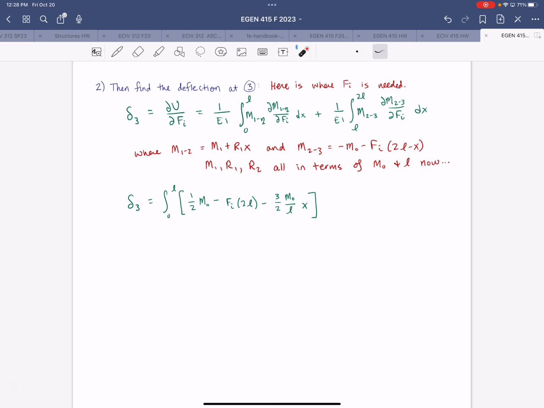All right, so we've got our M12. Now we need the partial derivative of that with respect to Fi. So that's going to be, let's see, I missed something. Oh, I did forget one term. All right, so in this bracket, we also have plus Fi x. So the partial derivative is going to be x minus 2L.